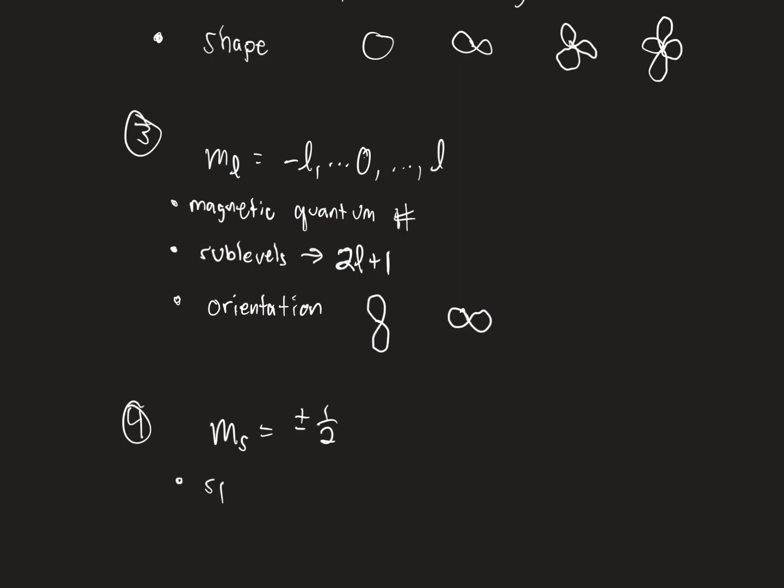And this tells you the spin. Depending on the book you read, the spin could be up or down, or some people like to do counterclockwise and clockwise.